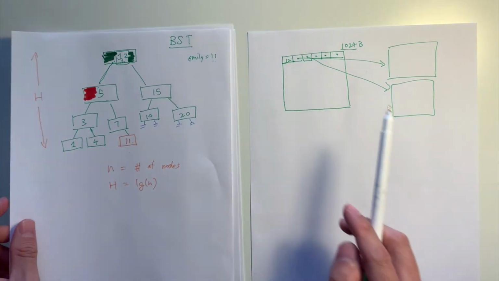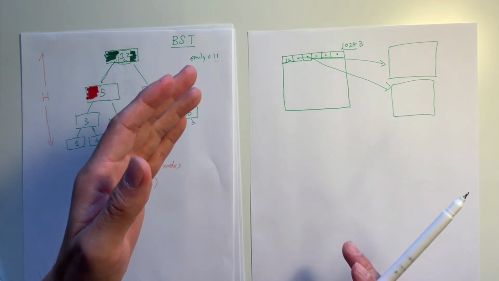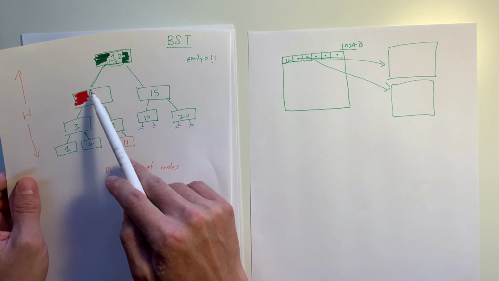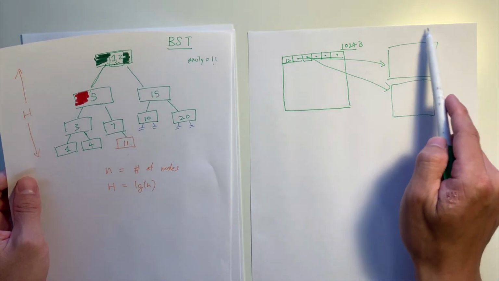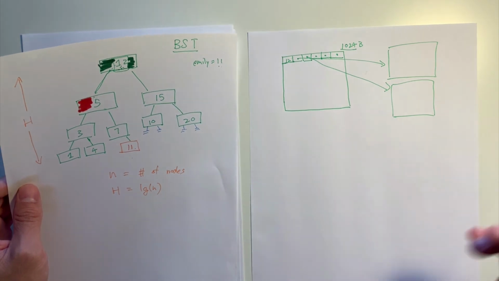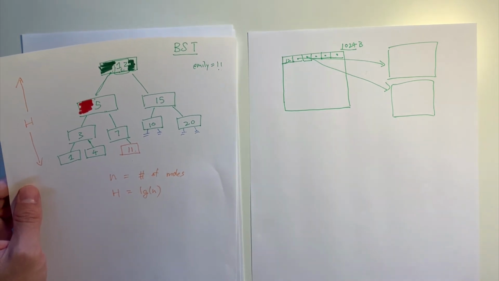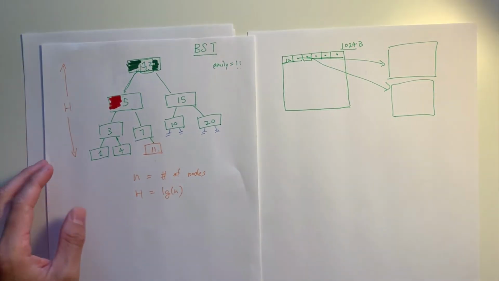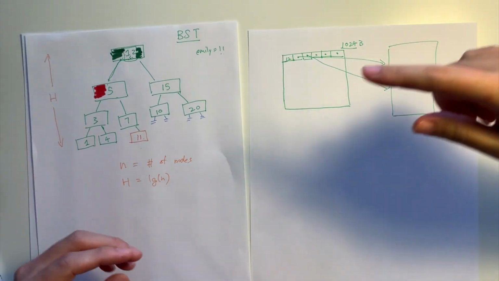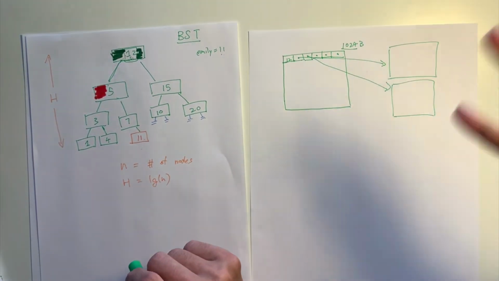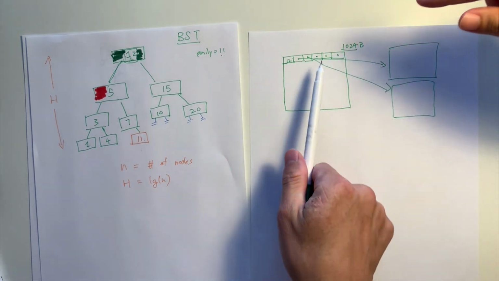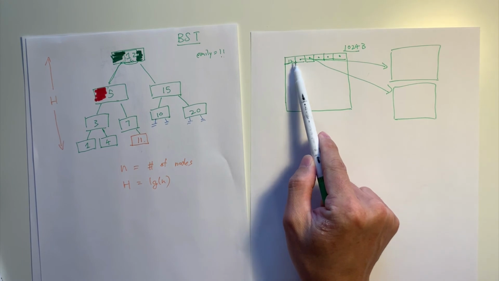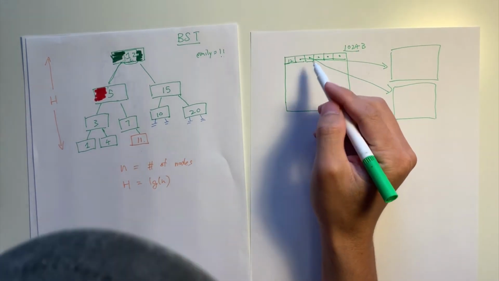From an operational standpoint, in order to walk down one level of the tree, I have to get the next page, which sometimes requires me to read a block of data from the disk, if it's not already in memory. Each time you walk down one step in the binary search case, you either go left or right. But in this case, you can have many more options. Actually, this is not quite accurate.